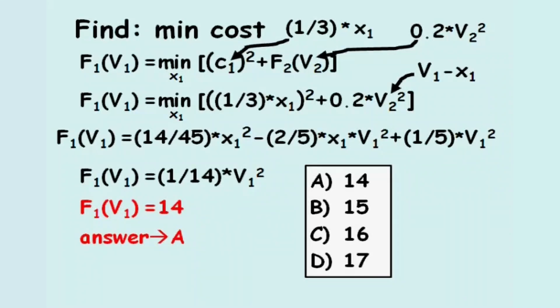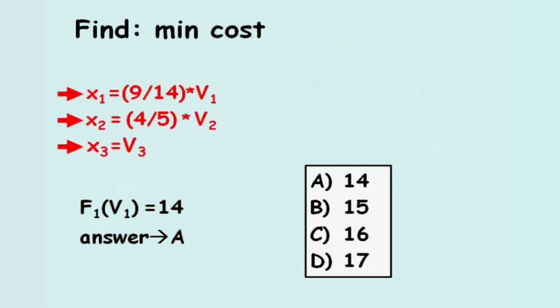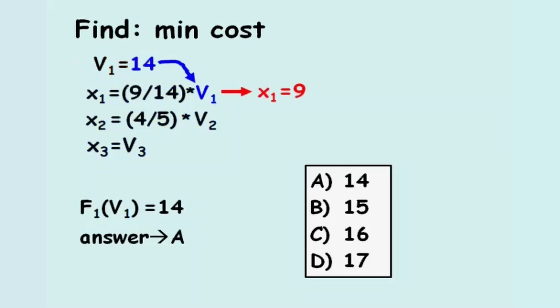To find the optimal releases X1, X2, and X3, which will achieve this minimum cost, we can recall equations we already computed for the release as a function of the volume at the beginning of each stage. Knowing the initial volume is 14 units of water, the release during the first period is 9 units of water.